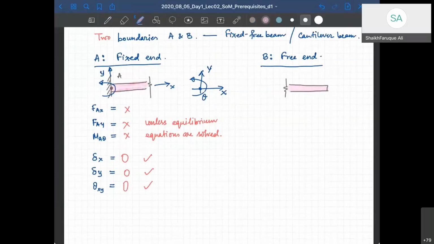Okay. All right. Now let's look at point B. What do we have at point B? Let's look at the forces. This is point B. Forces F Bx, F By, and M B theta, right?